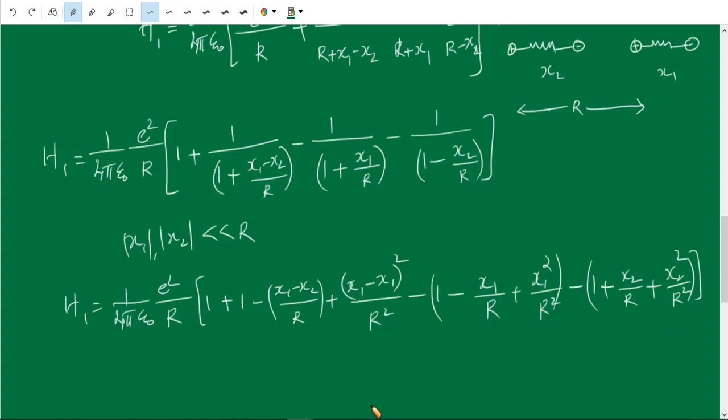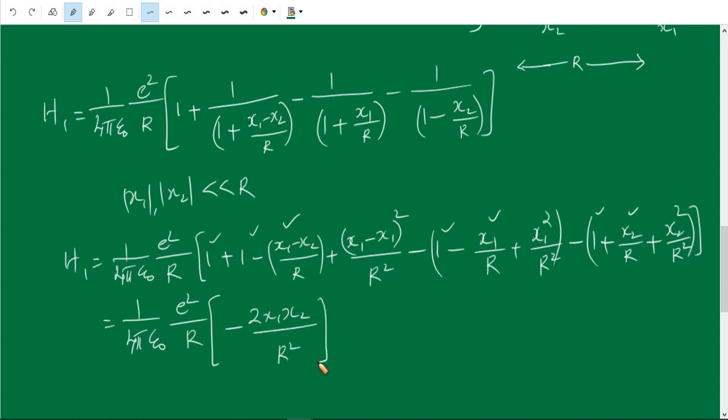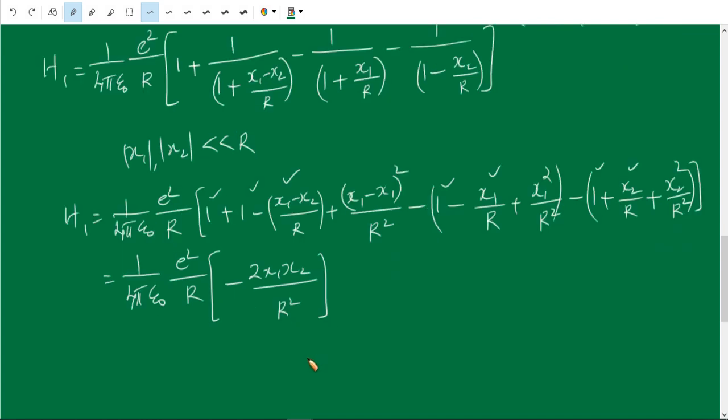Finally, what we will get is 1 by 4 pi epsilon 0 times minus 2 x1 x2 by r square, so all other terms get cancelled.